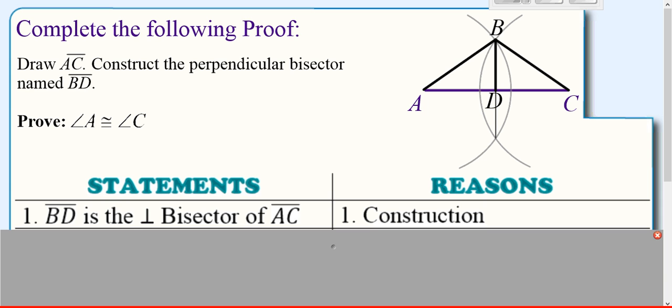What does that mean? There are two words there that you can define: perpendicular and bisector. Perpendicular means you get right angles right there, which means they're congruent because all right angles are congruent. Bisector means it cuts it in half. So it's cutting AC in half. So you get those congruent sides right there.